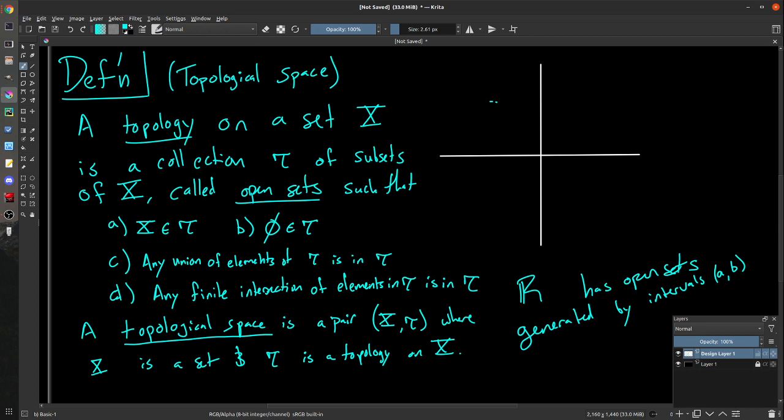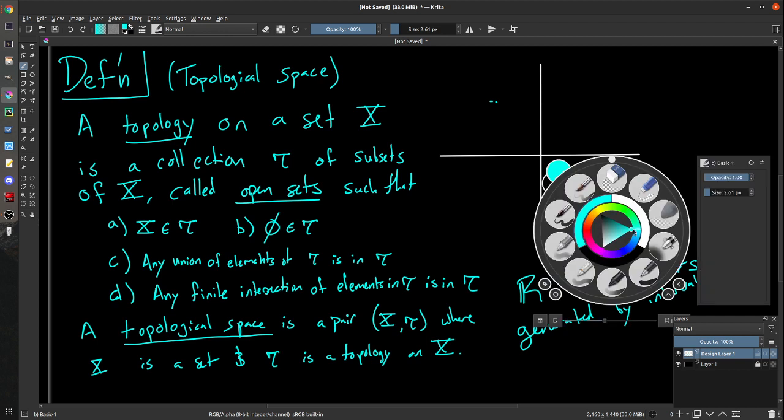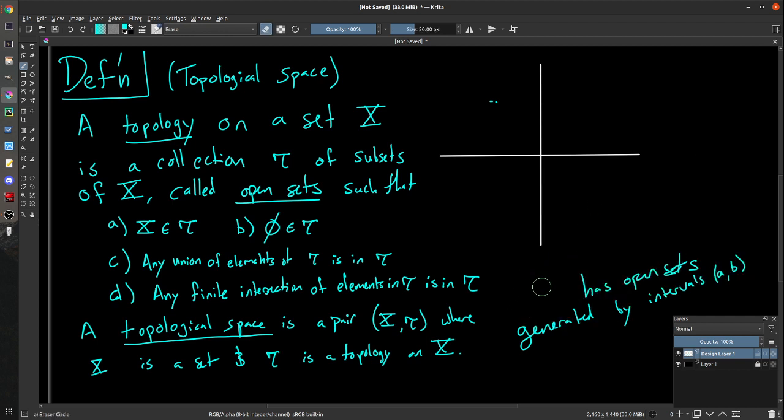So what you'll end up getting is unions of open intervals for the open sets. This is very familiar, but there's not too much to think about there that's all that interesting for us right now. Not that the real numbers aren't interesting.